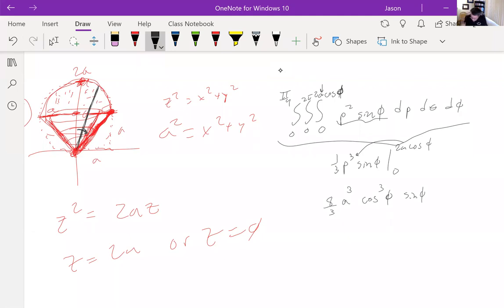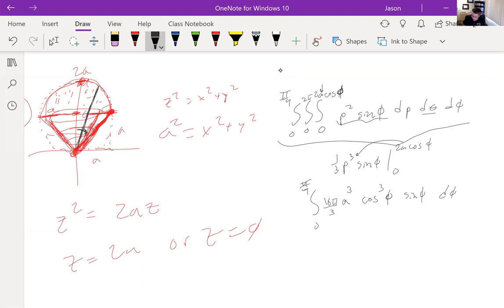And then we're going to do d theta, which all that's going to do is multiply this by 2 pi. So that's going to give me 16 pi, and then just integrate 0 to pi over 4 for phi, d phi. And again, just use a u sub of cosine, and you should get the value there.